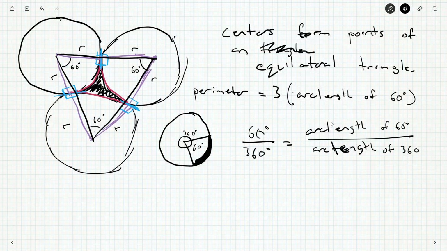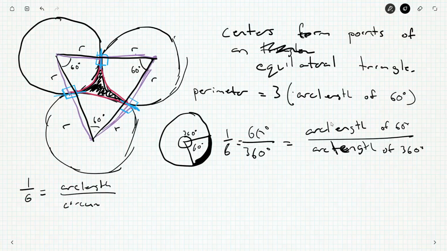So this guy over here, he's 1 over 6. Arc length of 360 degrees, that's the full circle, that's the circumference. So 1 over 6 equals the length that we want, a single one of these red lengths, over the circumference.